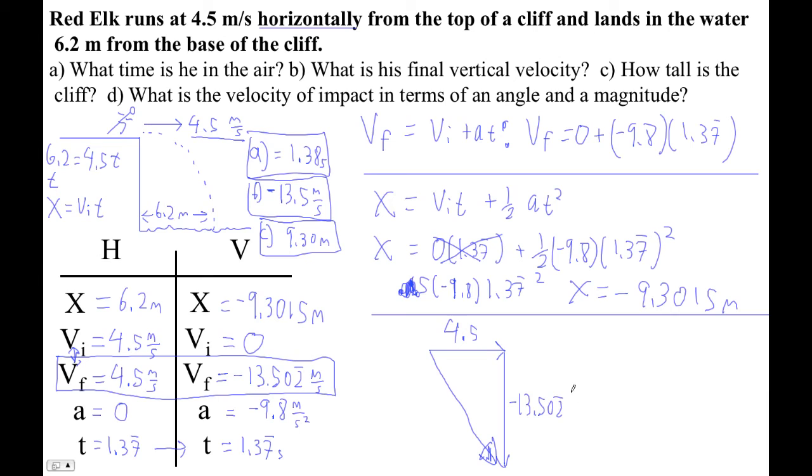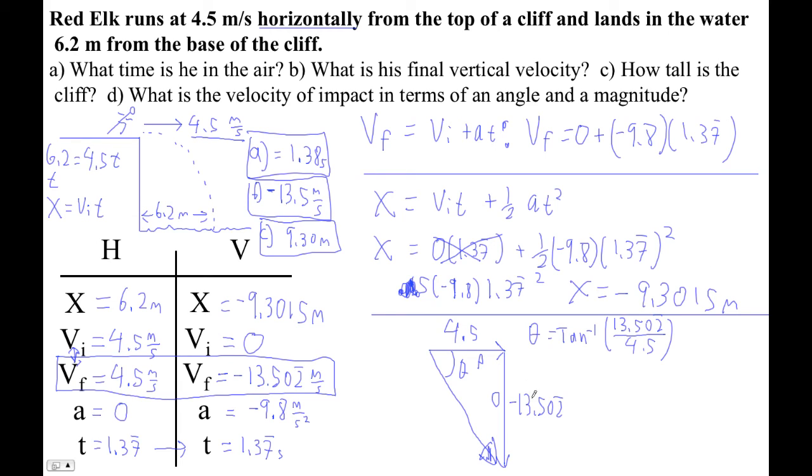And then we can find this angle, right? That angle there is tan inverse of the opposite over the adjacent, right? This is opposite, that's adjacent. So 13.502 repeating divided by 4.5. All right, let's do that. Second tan of 13.502 divided by 4.5.